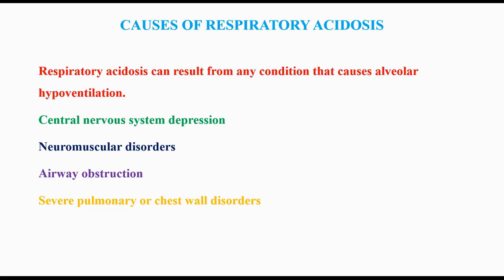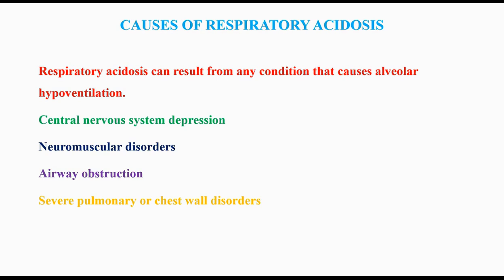And the second important group of causes includes neuromuscular disorders. Normal ventilation requires the coordinated activity of the respiratory center, peripheral nerves, neuromuscular junctions, respiratory muscles, and chest wall. If the respiratory muscles are weak or if neuromuscular transmission is impaired, the patient may not be able to expand the lungs adequately.